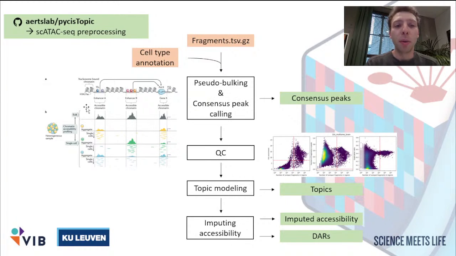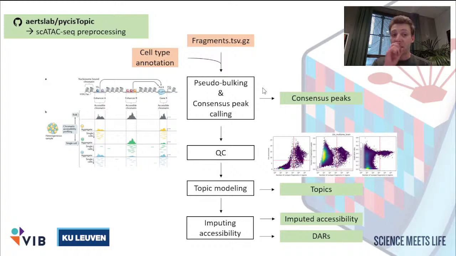So the main workflow of pycisTopic looks like this. We start with our fragment file and cell type annotation. And we use the cell type annotation to call pseudo bulk ATAC-seq profiles.